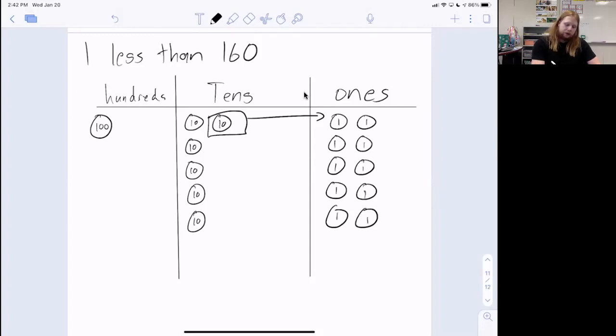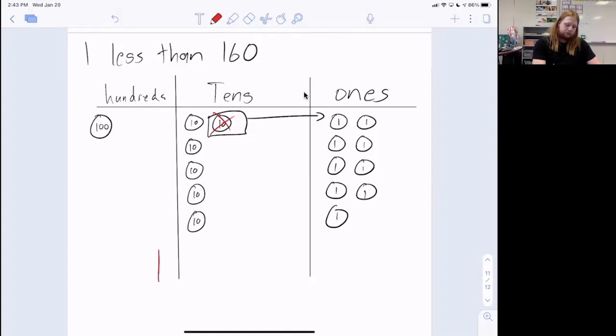Sweet. All right, remember, we exchanged this chip, so it's gone. Put an X through it because we don't need that chip anymore because we exchanged it. All right. Now it says 1 less than 160. So let's just go ahead and get rid of one of those ones. Now what are we left with? 100.